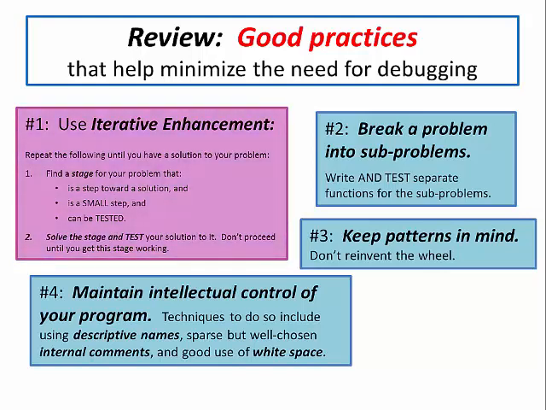Similarly, you might want to break a problem into subproblems and write and test helper functions for the subproblems. You should keep your patterns in mind, and you want to maintain intellectual control of your program for sure, and some of the techniques to do so include using descriptive names. Use these practices to minimize the need for debugging. Subsequent videos will show you how to debug when you have to do so.